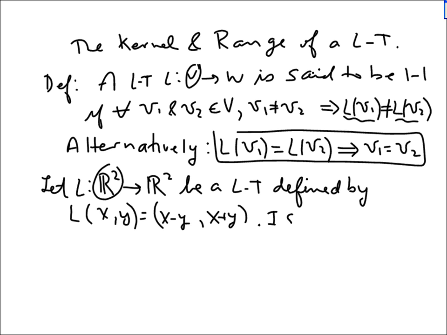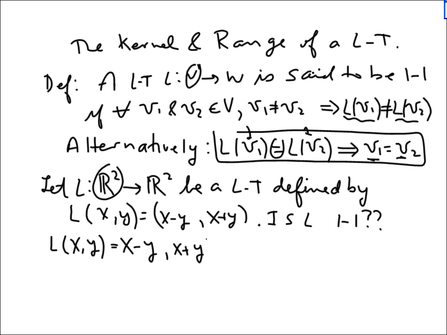So the question is, is L one-to-one? So I take L of two things and say they're equal. L of (x, y) is (x minus y, x plus y), and it is equal to L of (a, b).